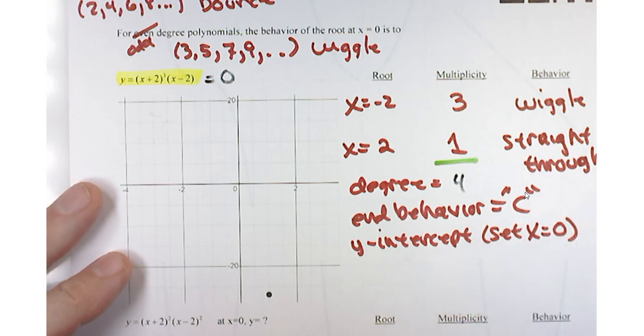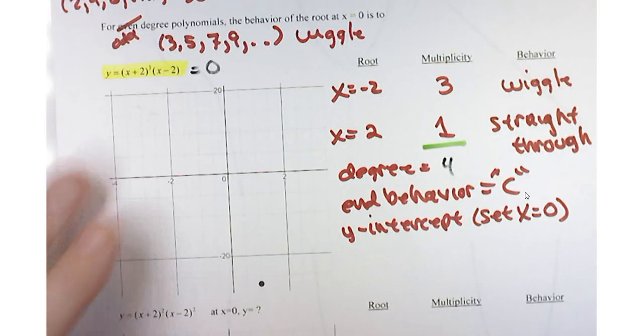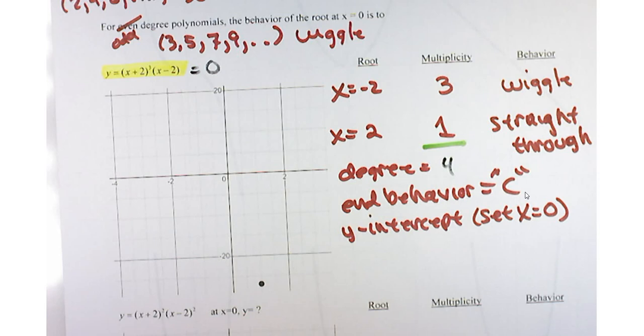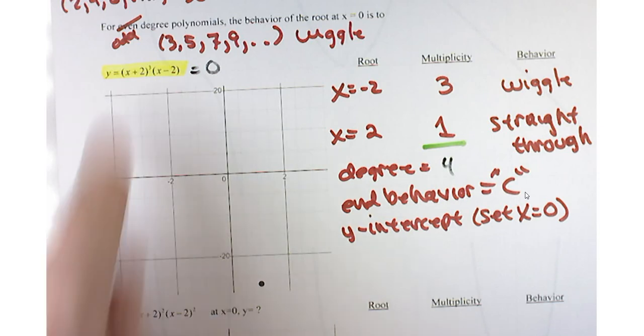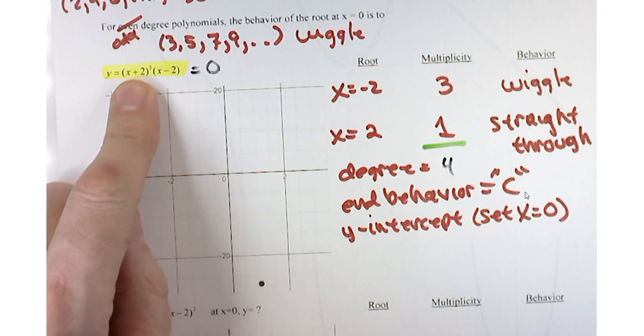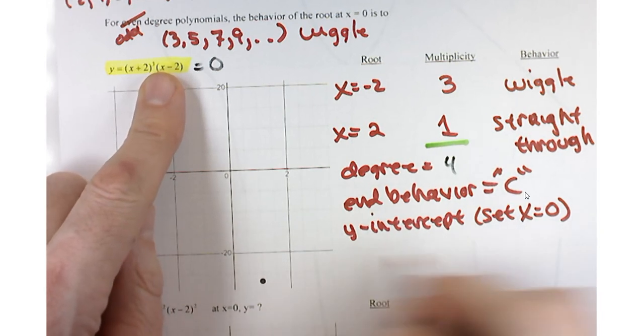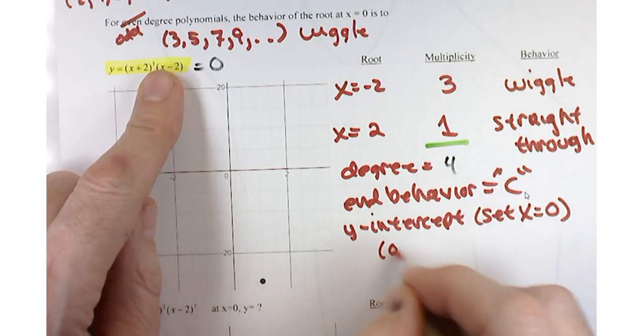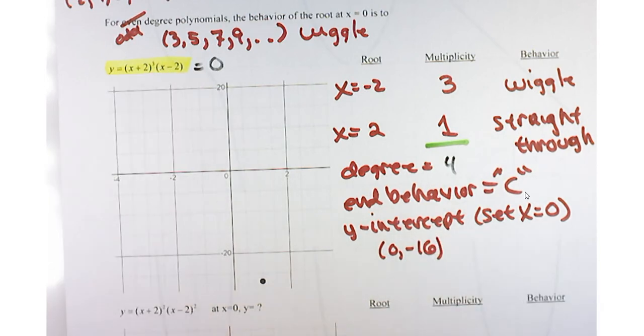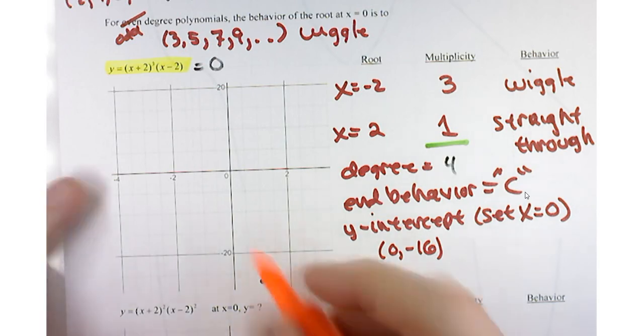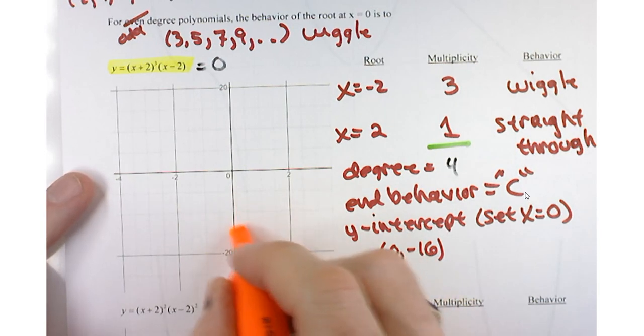So we set x equal to 0. Can anyone do that in their head? If you set x equal to 0, what are you going to get? Two cubed is 8 times negative 2 is negative 16. So your y-intercept should be at 0, negative 16. Let's put that on our graph. So 0, negative 16, it's about down here.